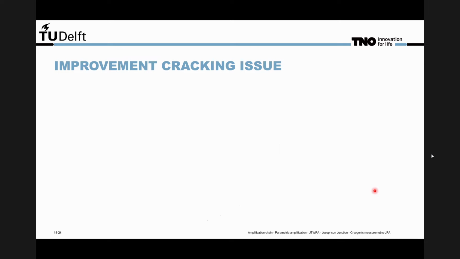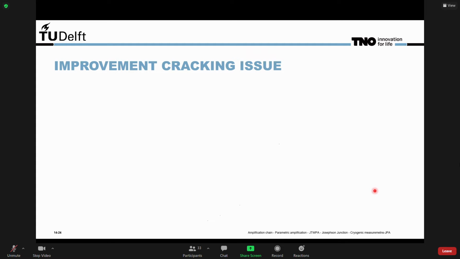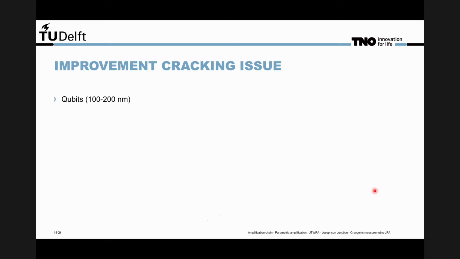So there were some fabrication issues I encountered during my thesis. One of these issues was crack formation next to the exposed areas. The recipe we used for our junctions was made for smaller junctions needed for qubit devices, which have typical widths of 100 to 200 nanometers.